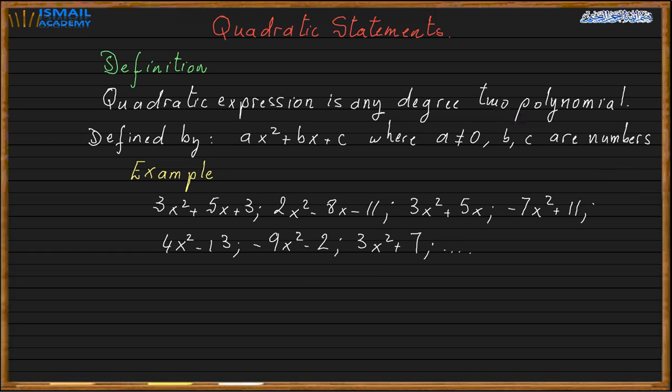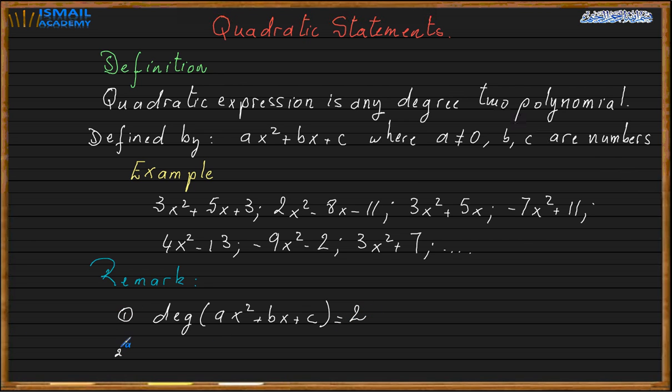So you have to remember, this is just a remark. The degree of any quadratic expression is always 2. So the degree of ax squared plus bx plus c is 2. This is the first remark.